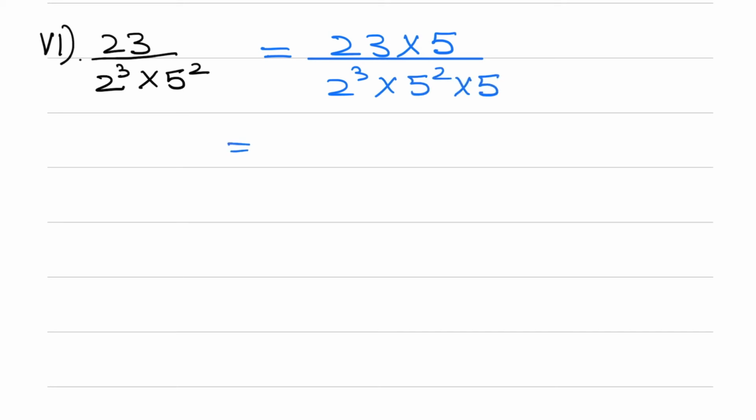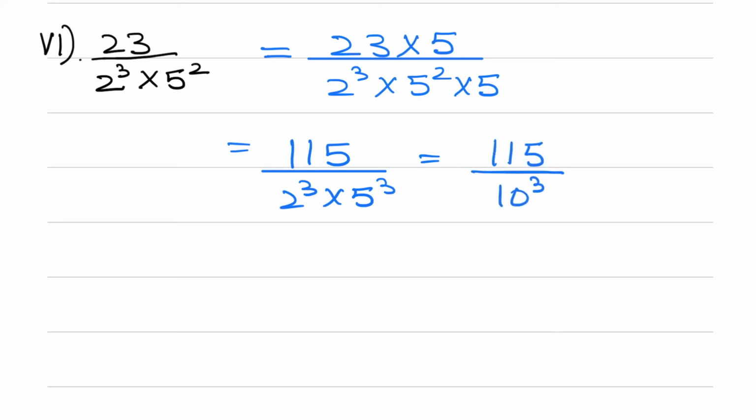So we get 5 times 23, which is 115, divided by 2 raised to the power 3 into 5 raised to the power 3. This can also be written as 115 by 10 raised to the power 3. So we need 3 decimal places and there are 3 digits, so it will be equal to 0.115.